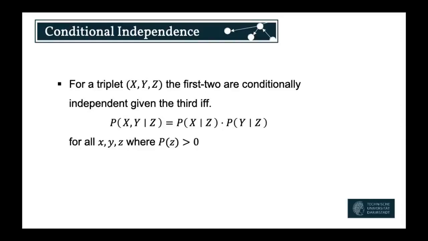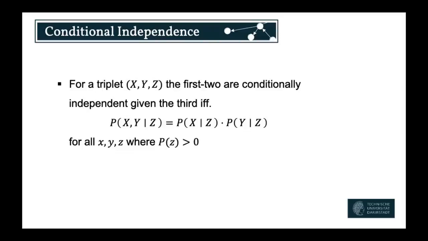Now, conditional independence, this will be a very important topic, so I'll try to stress this. If we consider a triplet of sets x, y, and z, then the first two are conditionally independent given the third if and only if the following holds true. There are different ways of writing this down. I'm choosing this one specifically because it's going to help us with everything else in context.